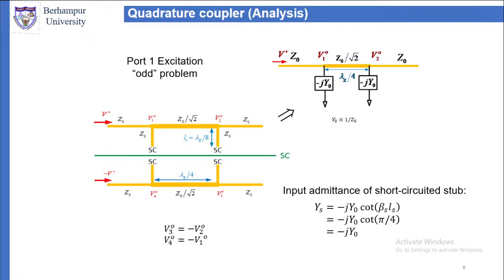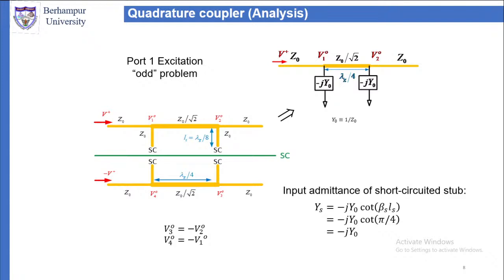So V1 odd will be equal to minus V4 odd, or you can say V4 odd is equal to minus V1 odd. Similarly, V3 odd will be equal to minus V2 odd. This difference will be there.